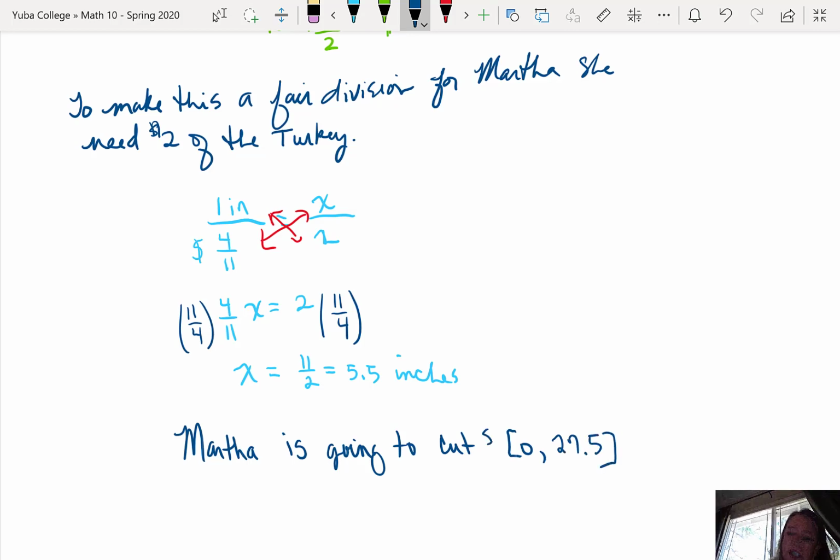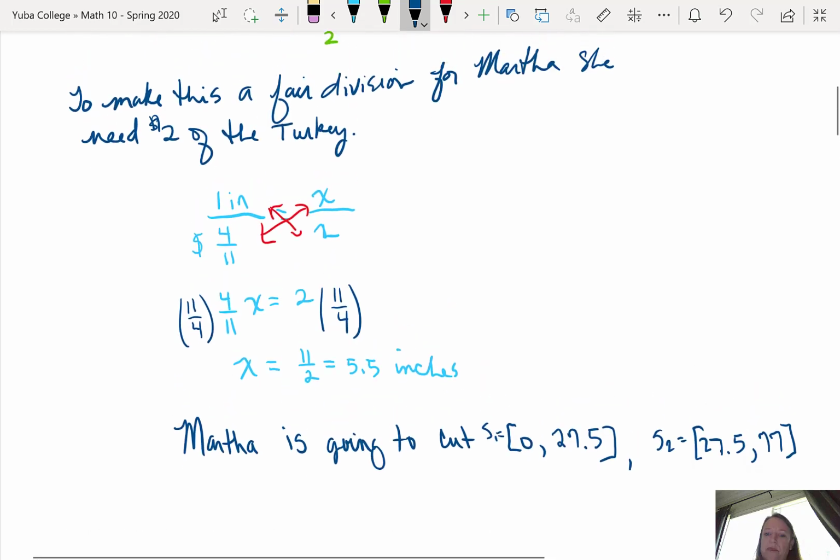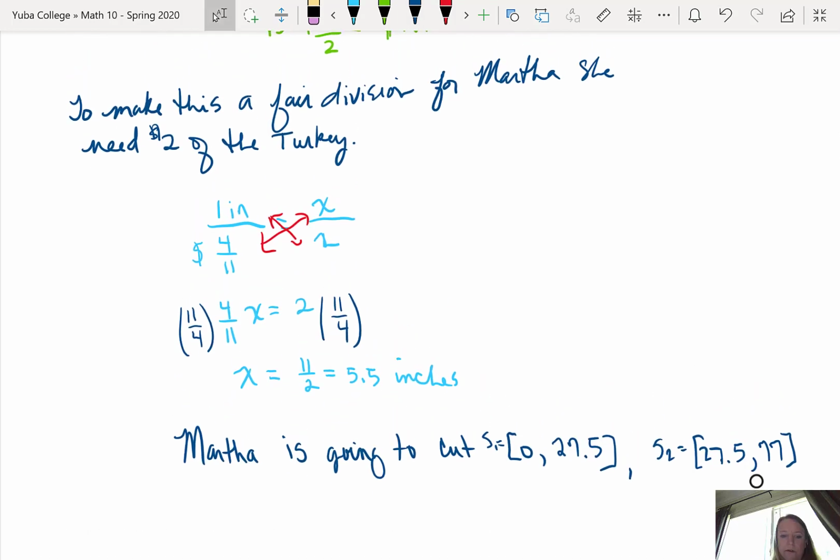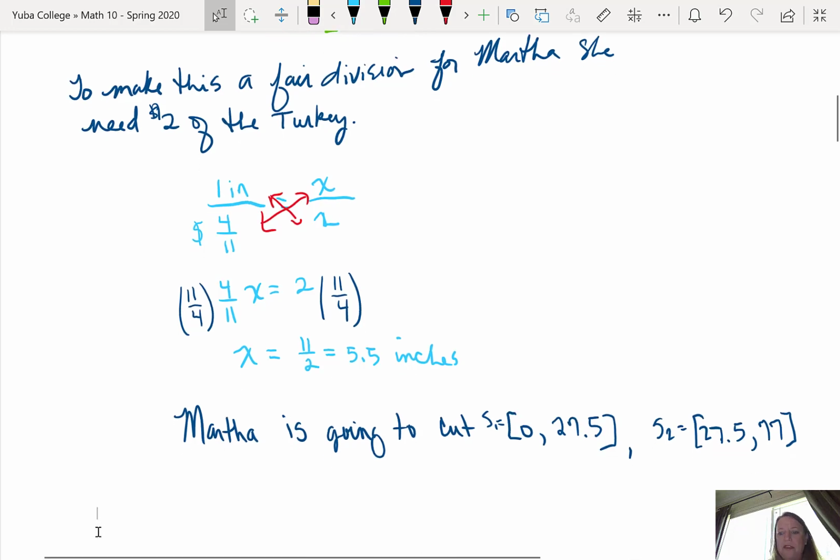We're going to call this share 1. And then share 2, that would be the rest of the sandwich, which is 77 inches. So for Martha being the divider, this is how she would split it. And they would both be worth $18 for her. Okay, so that was the first part of that question, and that's how she was going to split it.